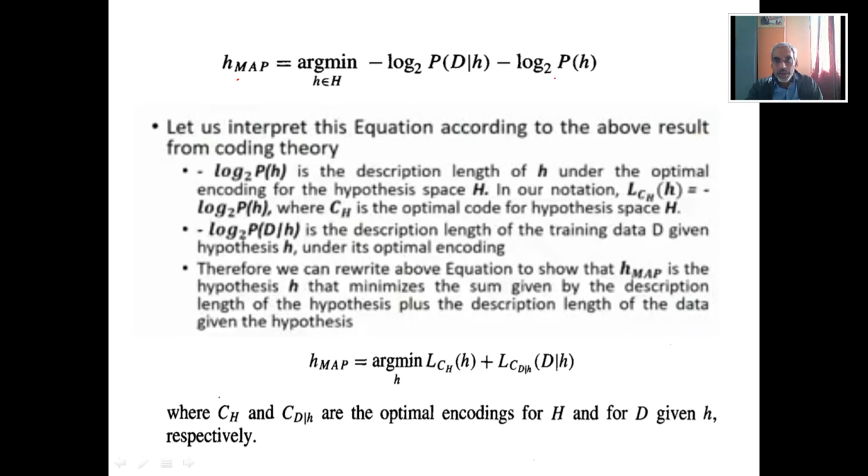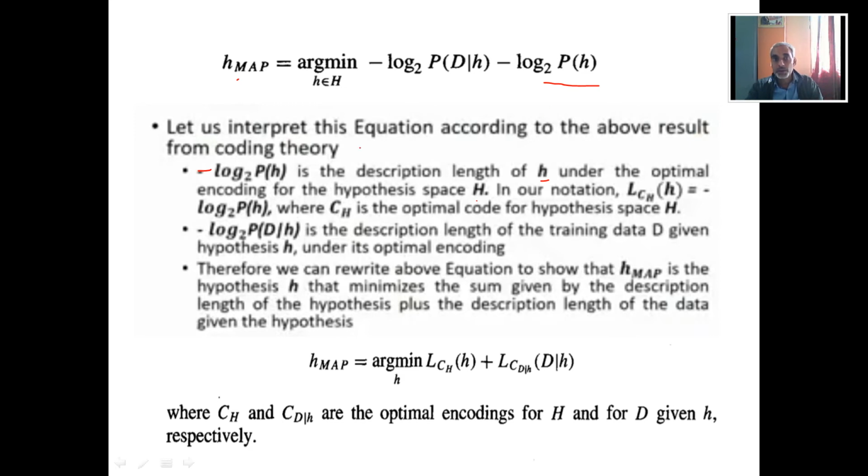Here the second term is log of P of H, the probability of the hypotheses. It is minus log of P of H. Now this is the description length of hypothesis H under the optimal encoding for the hypothesis space H.